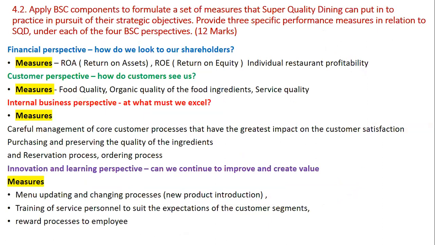Make a practical situation, relate it practically. But they ask us to apply the BSC, balance scorecard, components. That means the financial perspective, internal business process perspective, innovation perspective, and customer perspective. 4 components, to formulate a set of measures that Super Quality Dining can put into practice to pursue its strategic objectives.